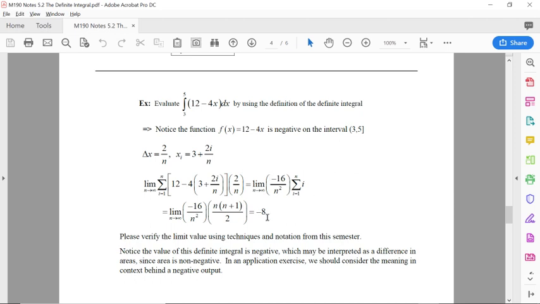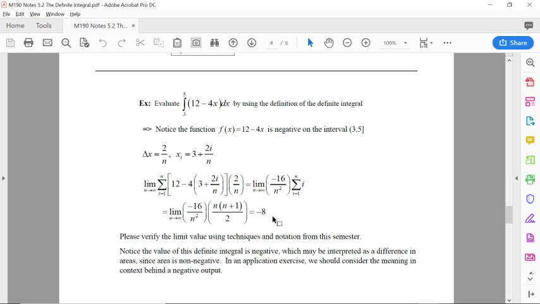Notice the answer that we get is negative 8. Okay, go through the math using the table above, doing the algebra and everything, to see that you get the same result. We actually get a negative 8 and negative 8. So our interpretation of this is not that the area is negative 8, but instead the area of the region itself would be positive 8. The value of the definite integral is negative 8.